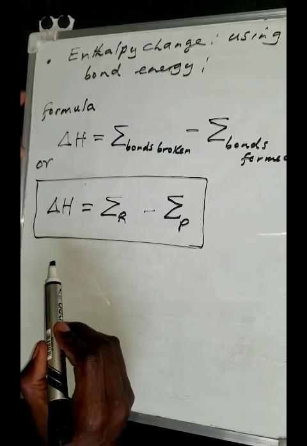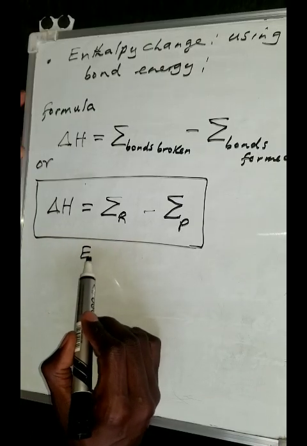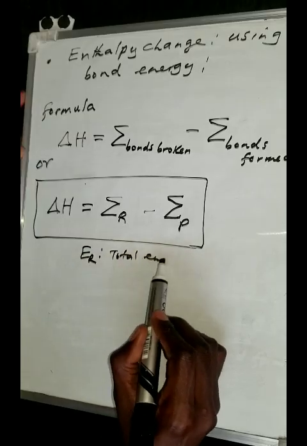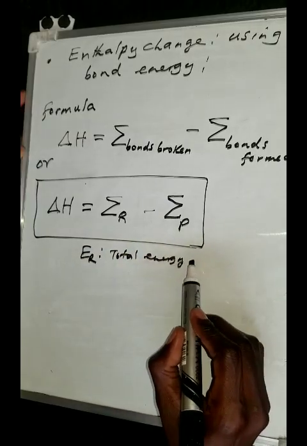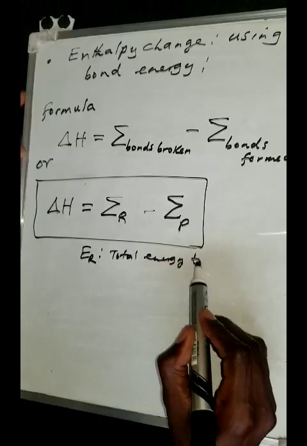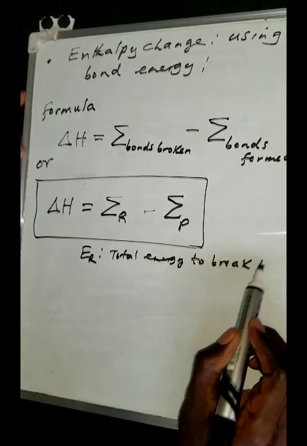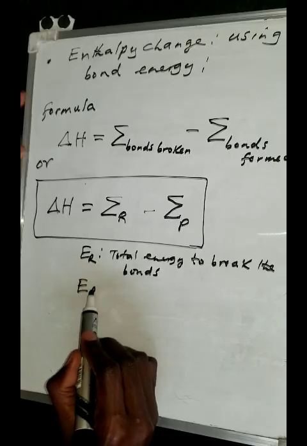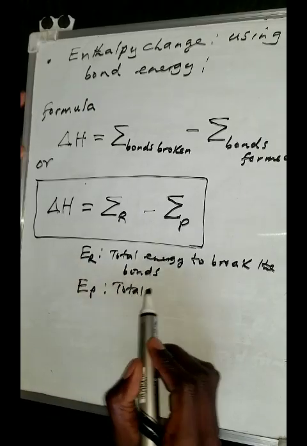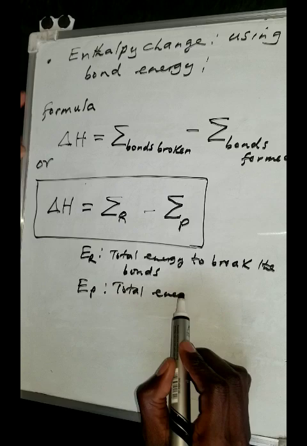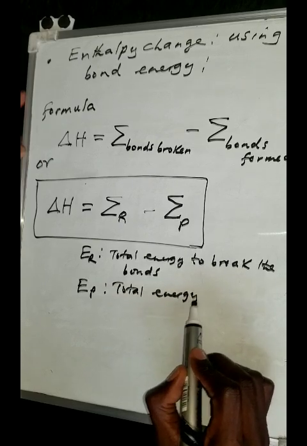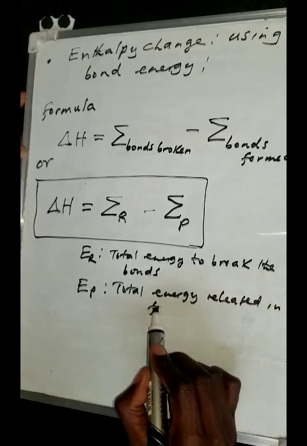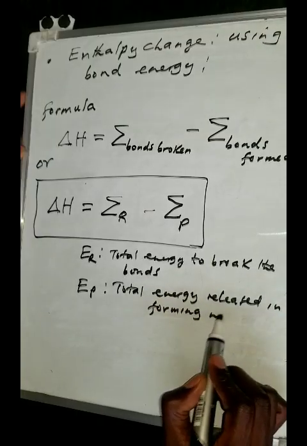So I want you to realize that your ER is representing the total energy required to break the bonds, and EP is representing the total energy released in forming new bonds.